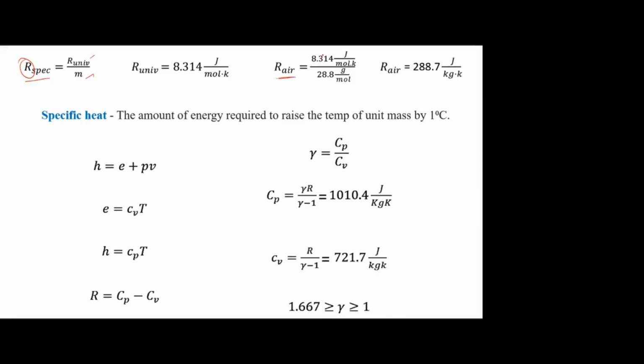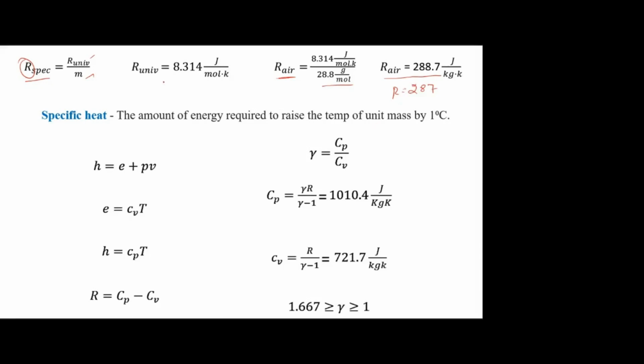The universal gas constant is 8.314 joule per mole Kelvin, and the molar mass of air is 28.8. This value may vary a little depending upon the books. From that we found the R value is 288.7. Mostly in books they use, I think, 287, right? So 287 joule per kilogram Kelvin is the R value.